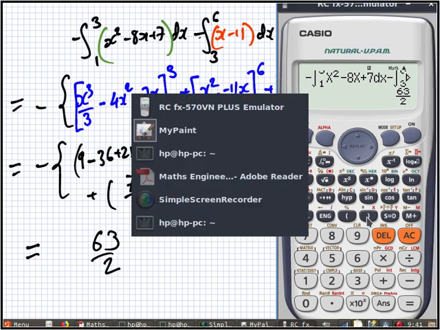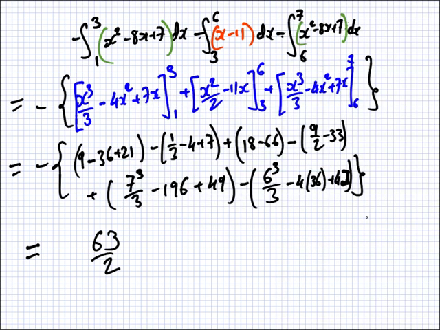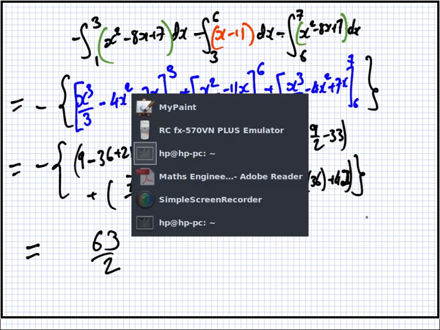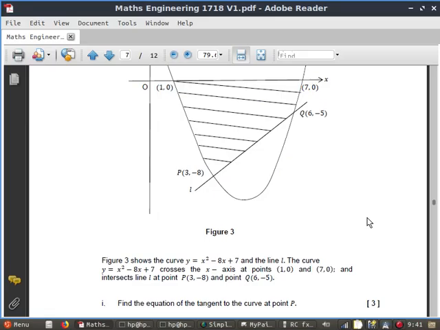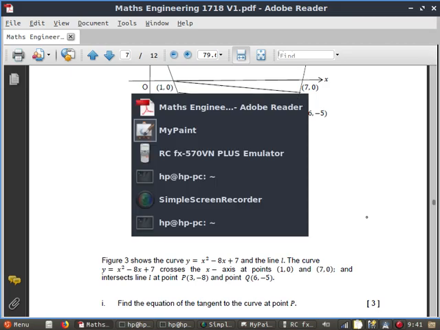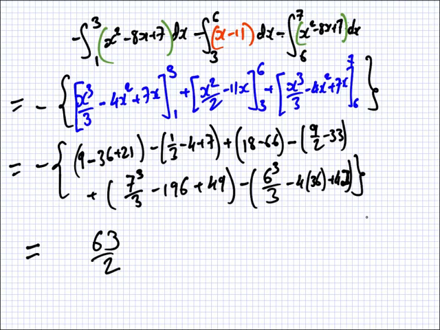Looks correct. 63 over 2 is the answer. 1 to 3, 3 to 6, 6 to 7: quadratic, line, quadratic. Pretty sure that's right.